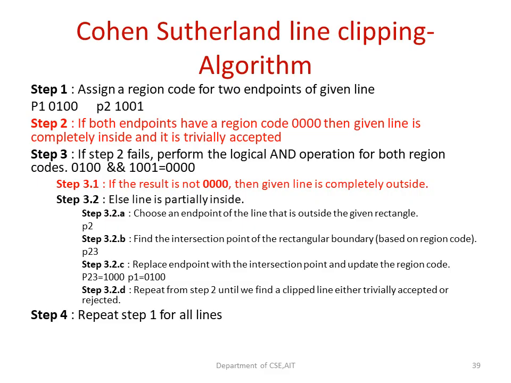Now P23 will be updated with its region code, and then I have the values of P1 and P23 ANDed, and again I get the value 0000. That means it is partially inside. Then I go for the point which is outside my rectangle, that is P2. I'm going to clip out section by section, and then I'm going to get my final output.